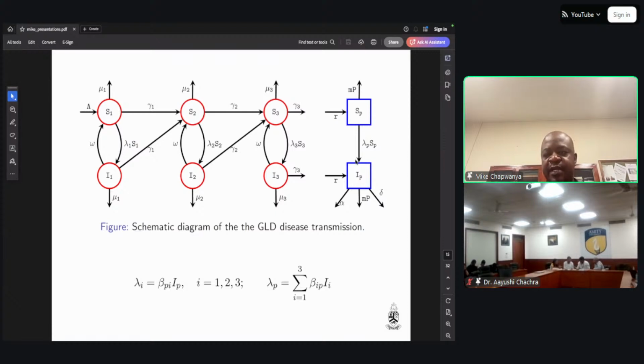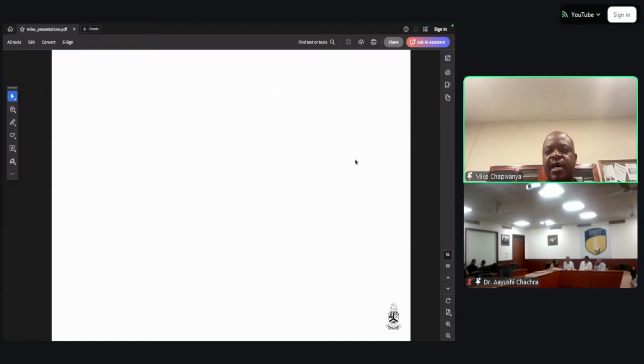So you can see the modeling here is quite different from the previous one. I just wanted to illustrate how understanding the small biological dynamics of the disease is important in terms of how one would model the particular disease.